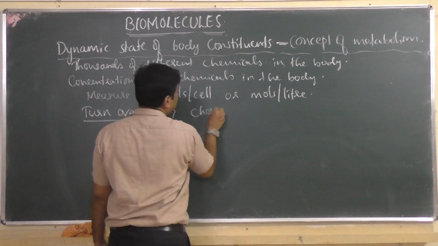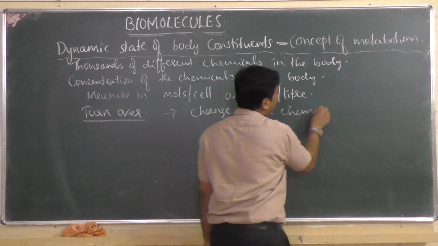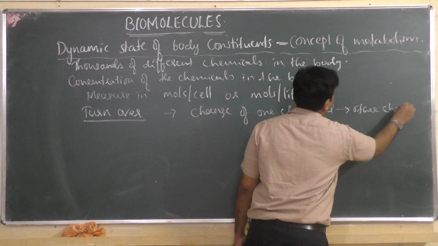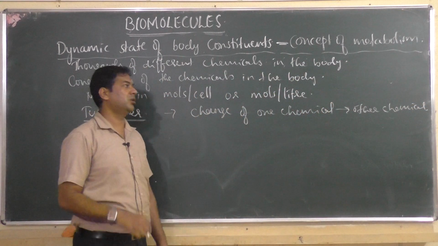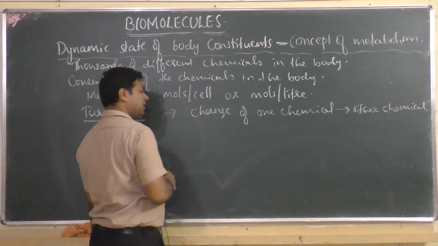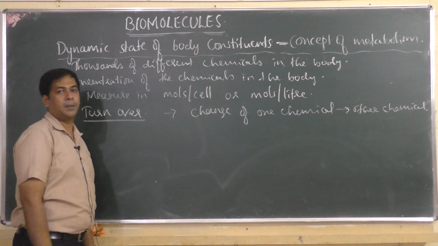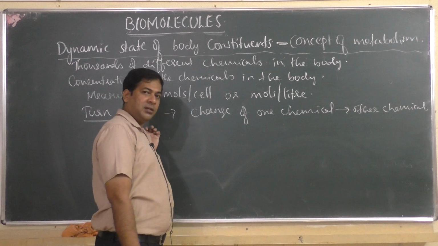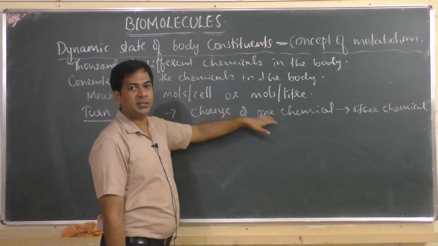Okay, so change of one chemical to another chemical, that is change of one kind of biomolecule to another kind of biomolecule. This happens, and that biomolecule is produced from the previous biomolecule. Okay, so one chemical is formed by another chemical, and that chemical undergoes degradation to form another chemical.